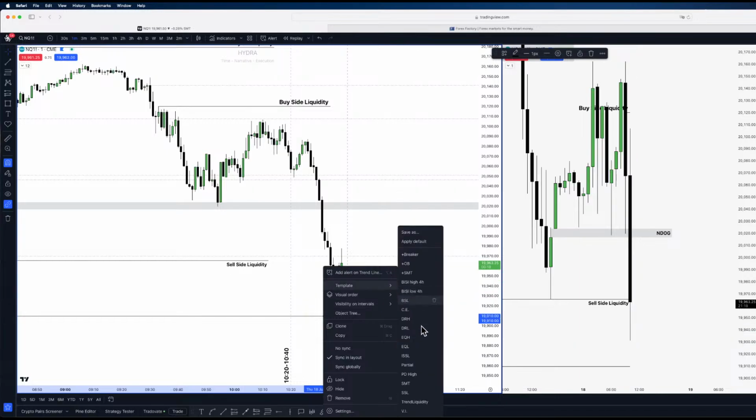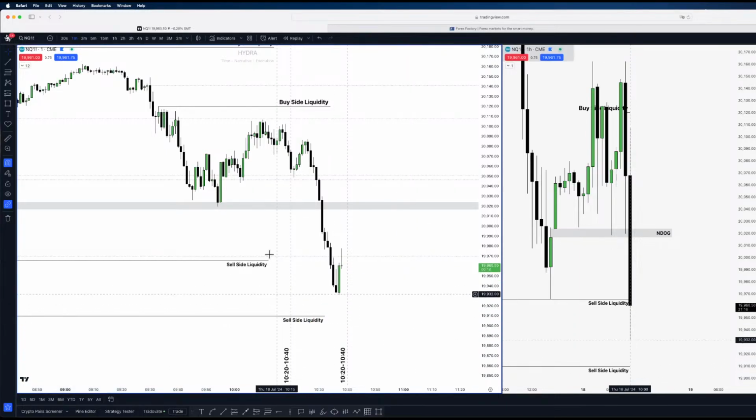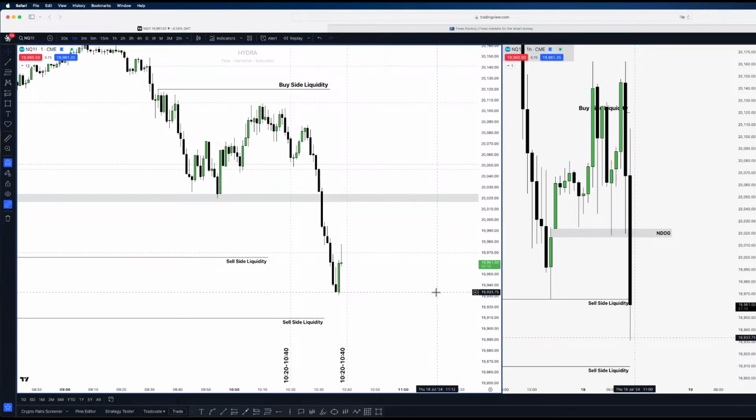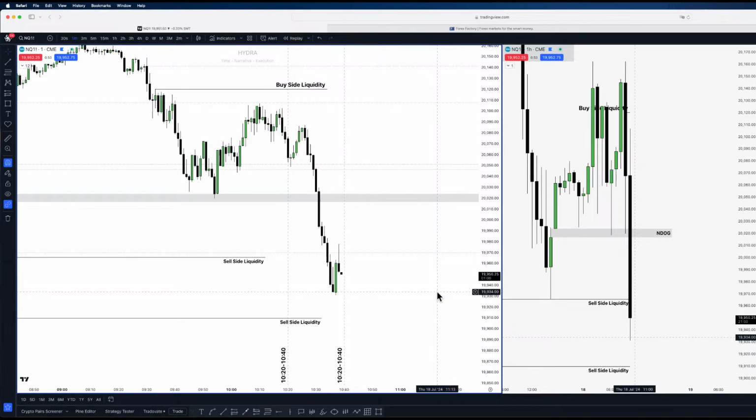I saw people using it, but I never looked at NVIDIA. I only look at NVIDIA when we have news incoming at 5 o'clock, NVIDIA earnings. That's the time I focus on NVIDIA charts.